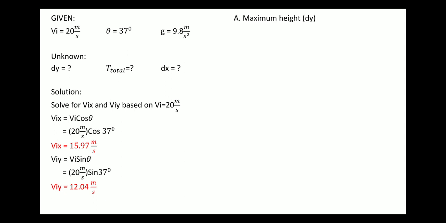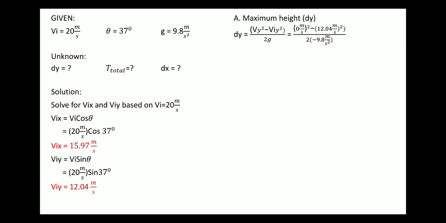Now let's solve for the height, or dy. Same formula. So Vy squared minus Viy squared over 2g. And again, Vy is always 0. Take note of that in this type of problem solving. Minus, so Viy is 12.04 squared over 2 times negative 9.8.